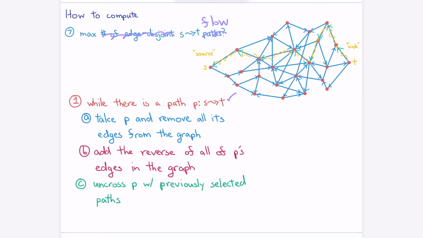Now, how do I modify it? The claim, take P and remove all its edges, doesn't quite make sense anymore. We have P, but ultimately I'm updating F. So how should I express that?